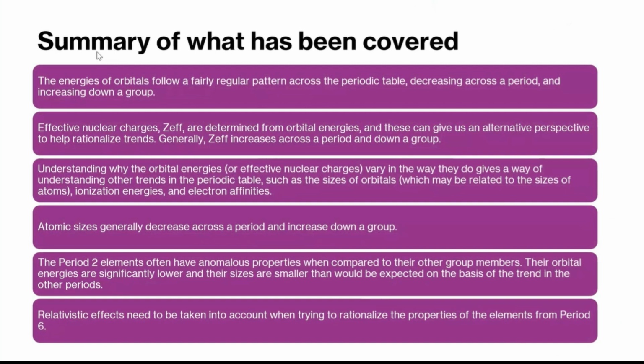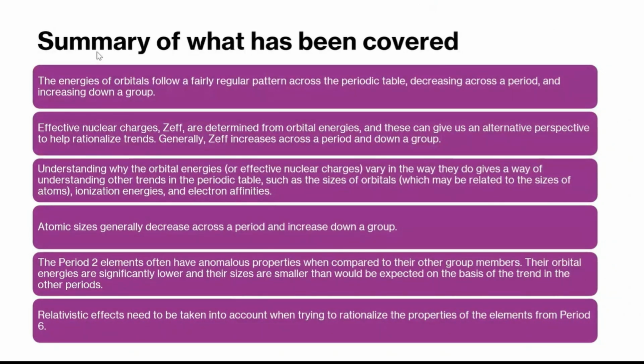In addition to understanding the effective nuclear charge, understanding why orbital energies vary in the way that they do gives a sense of other trends in the periodic table, such as the sizes of orbitals, ionization energies, and electron affinities. In addition, atomic sizes generally decrease across a period and increase down a group.